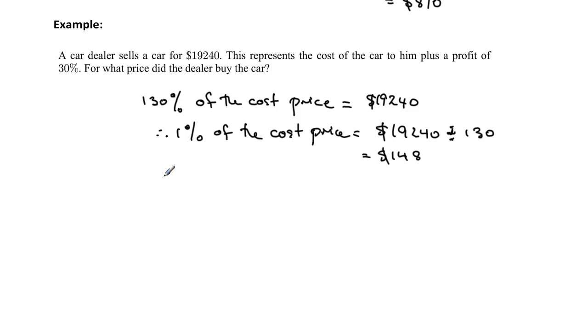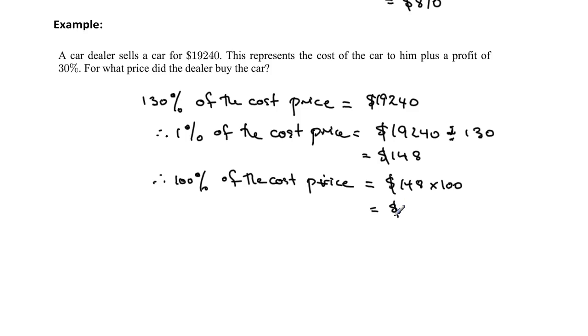So we can therefore say, 100% of the cost price must be equal to 148 times 100, which turns out to be $14,800.